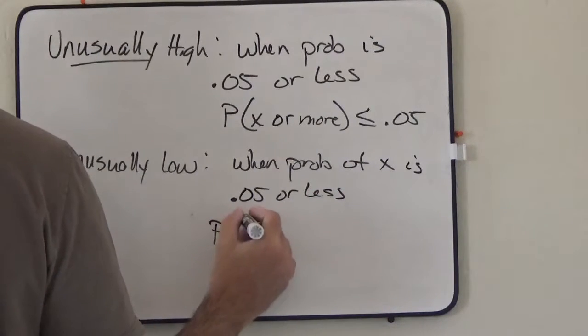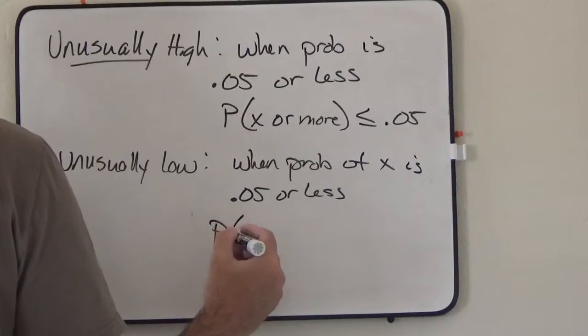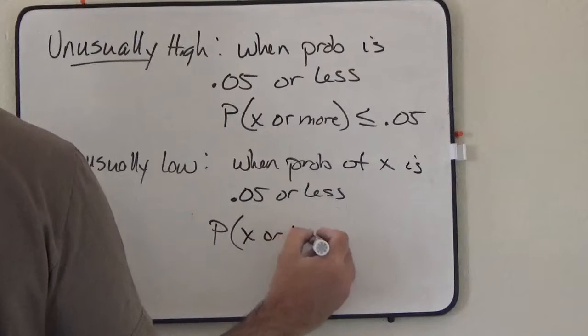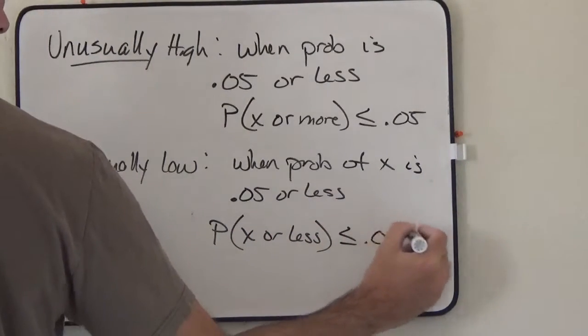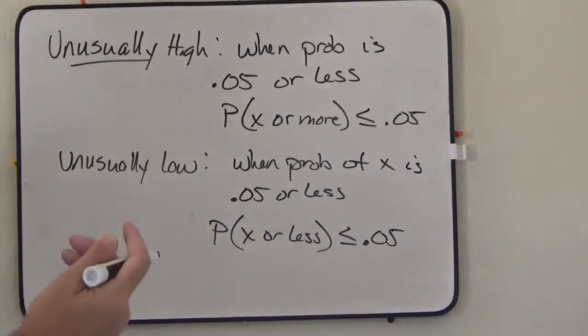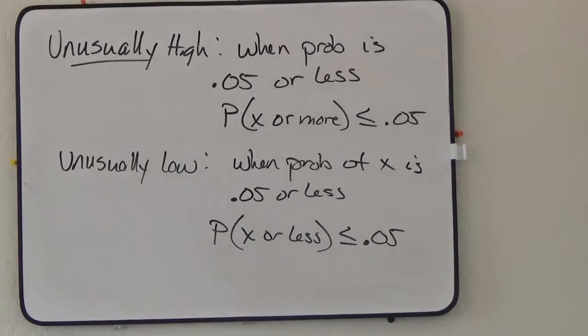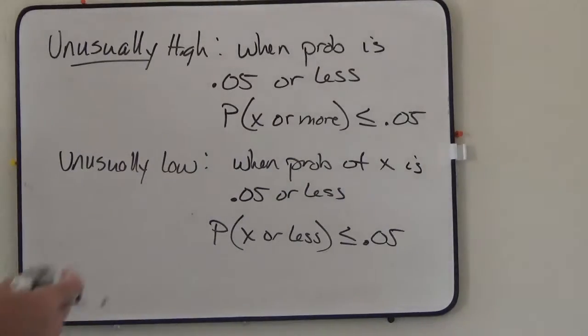The shorthand way of writing that is the probability of x or less is less than or equal to 0.05. In other words, if our probability is less than 0.05, then we know that we have an unusually high or unusually low event going on here, okay?